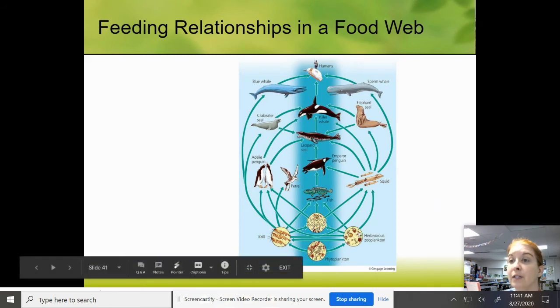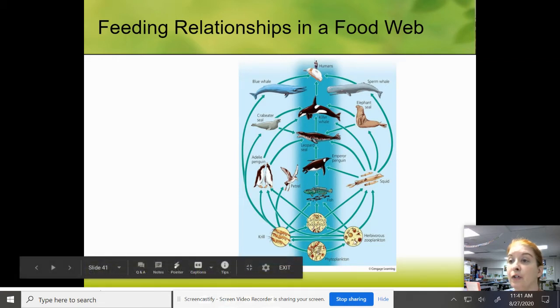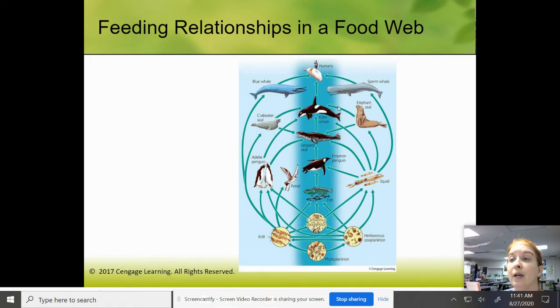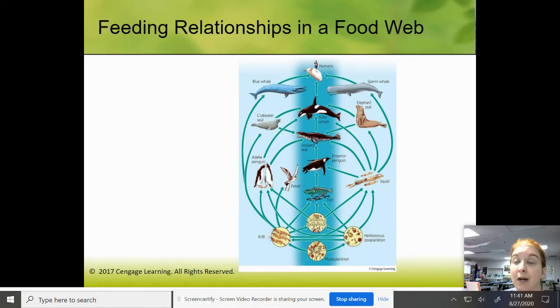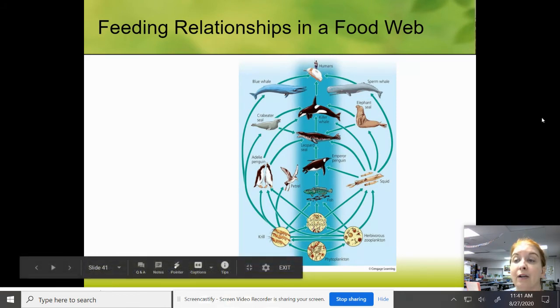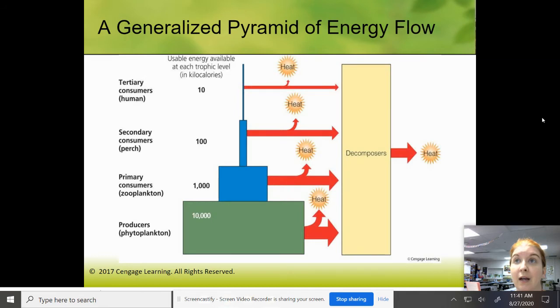We have first, second, third, fourth, fifth, sixth. We usually don't go up that many. Or you could do first, second, third, fourth. So you can be on different trophic levels depending on what path you take. Keep that in mind. This is much more accurate to what is actually happening in an ecosystem. We will be challenging you this week to make your own food webs.